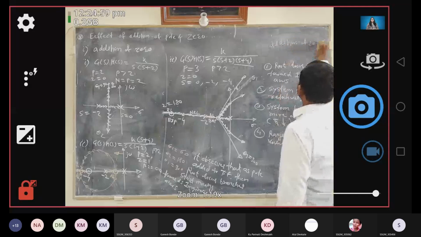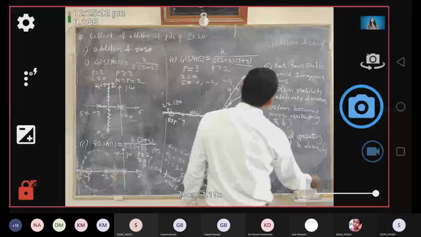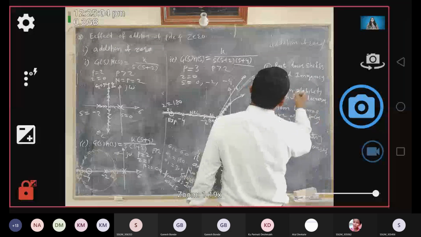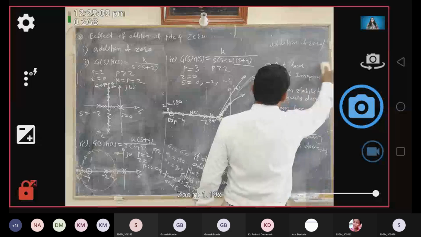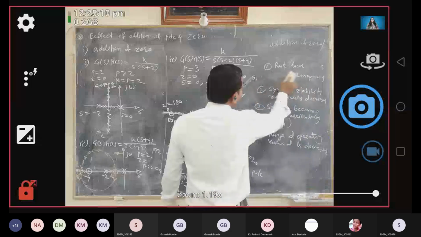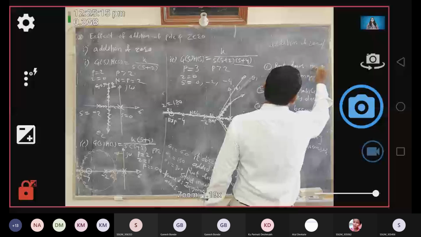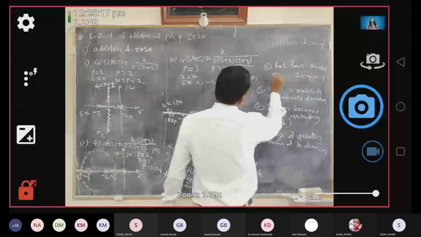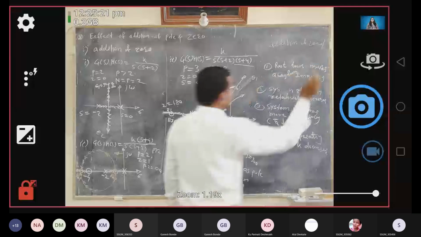Addition of zero. Okay, so what is the effect? The root locus branches move away from the imaginary axis. Okay, you just make the change. Root locus branches move away from the imaginary axis.